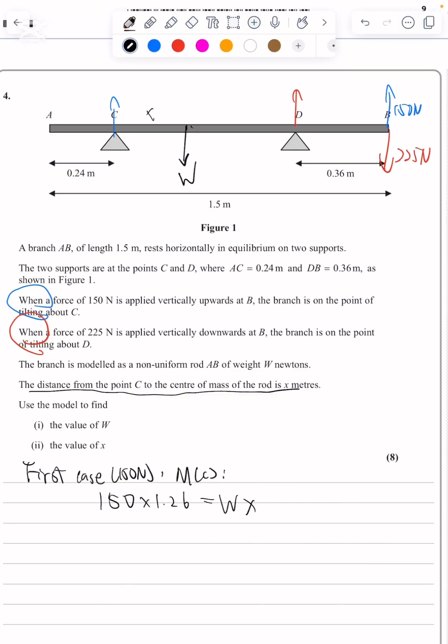So in the second case, 225 newtons downwards. We take the moment at D, because we don't want to account for this force.